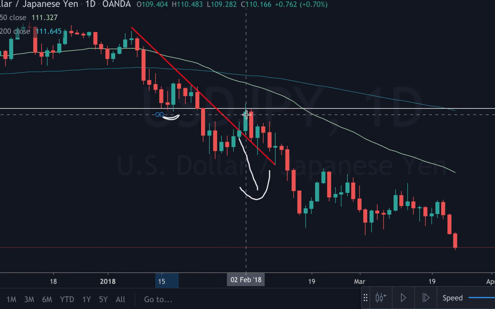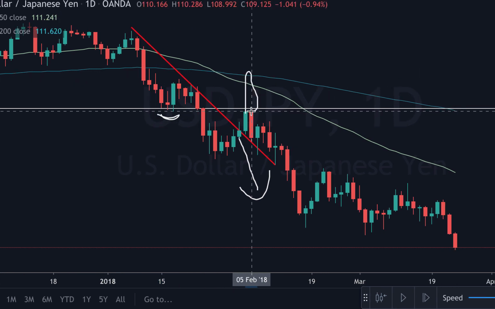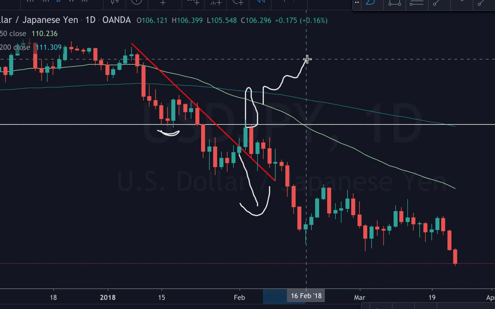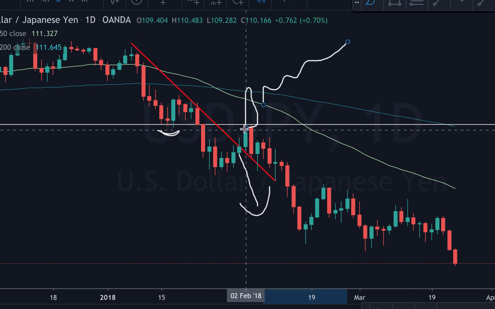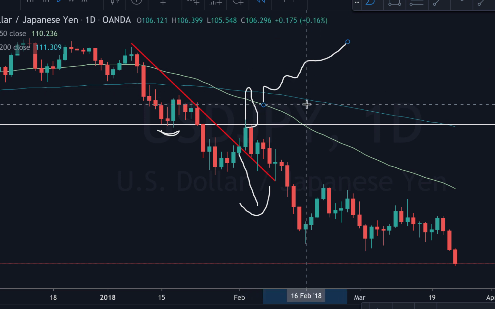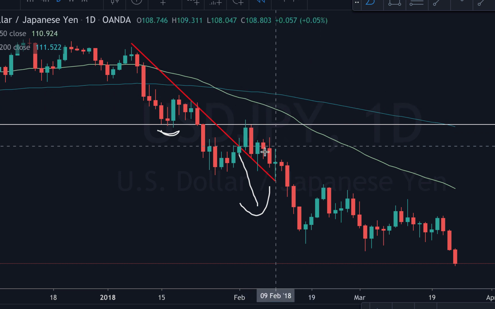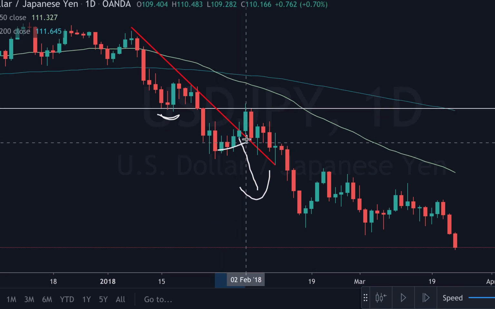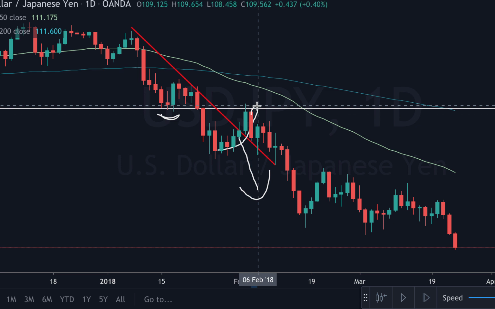If the market created a candlestick like that, sorry, it's a bad looking candlestick, but if that was a candlestick and the market continued to go down or go up like that, then that is considered a trend reversal. But that didn't happen. The market actually shifted. It moved this way, and the market can tend to do that.